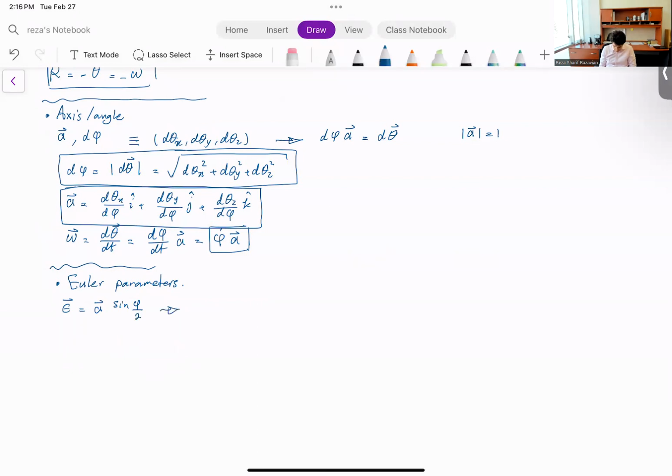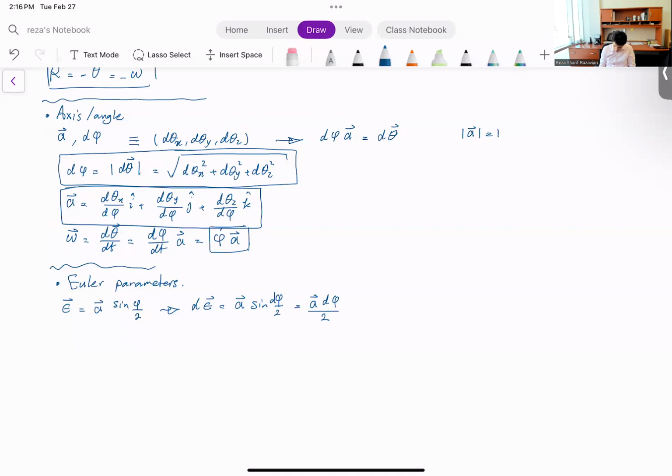In the differential form, we have dE equals the same a, but rotating about a with some infinitesimal rotation d phi. And the sine of a small number is equal to that number, so a d phi over 2. And a d phi, I had it up there, a d phi is d theta.